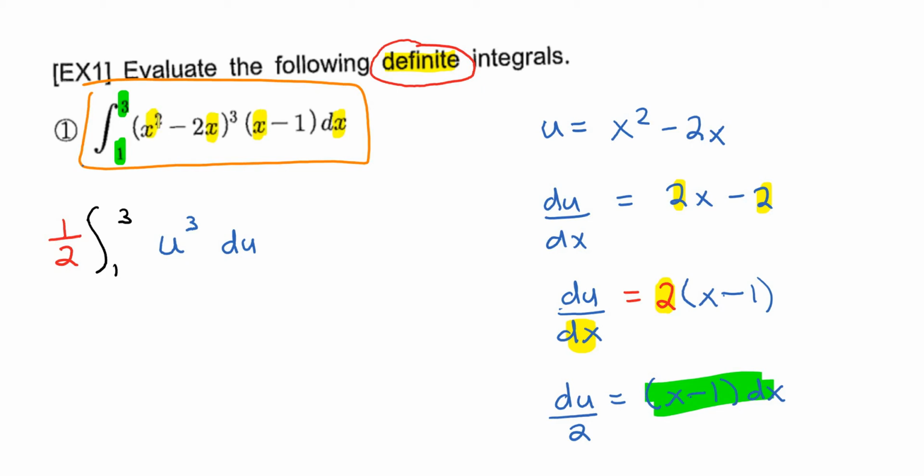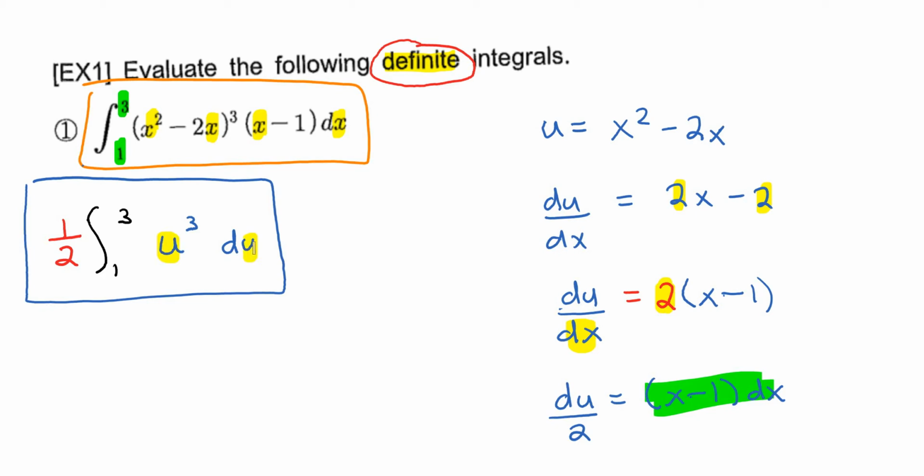So the 1 and the 3 works well with the original problem because all the variables are written in terms of x. But take a look at the blue box down here. There are no more x's. The variables I have are u. Actually, that's the only variable I have, which is u.